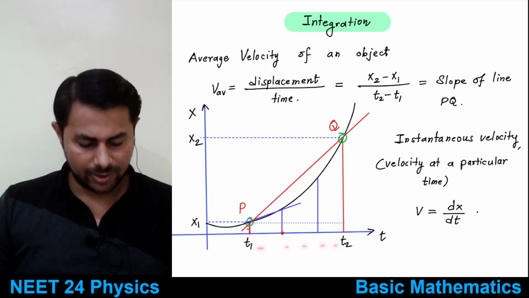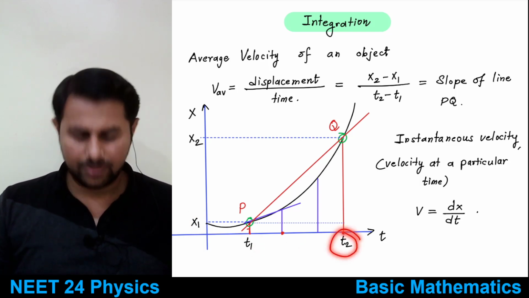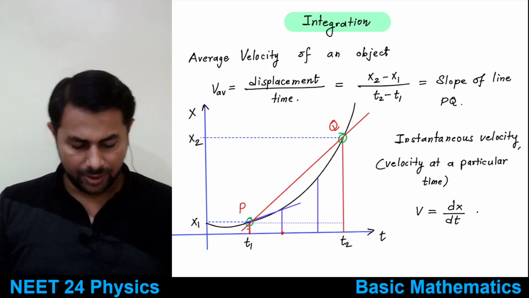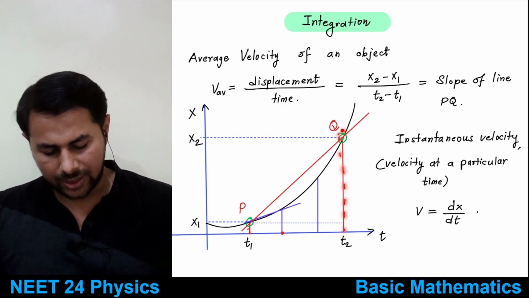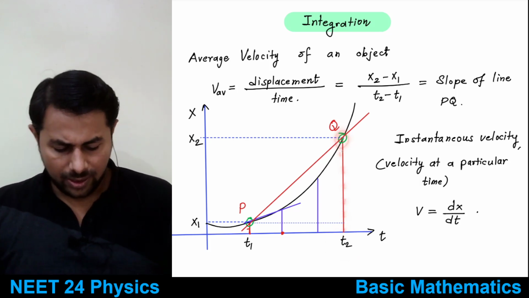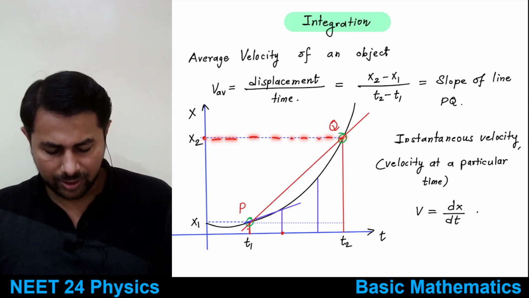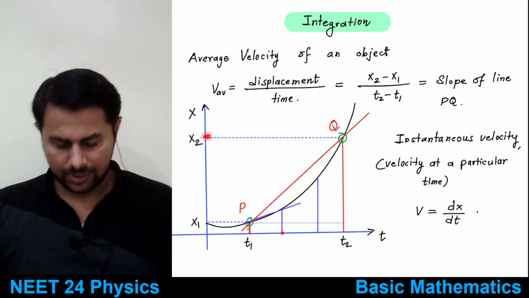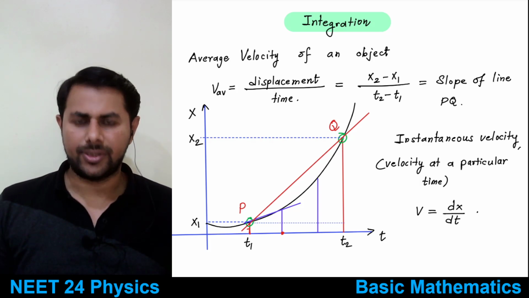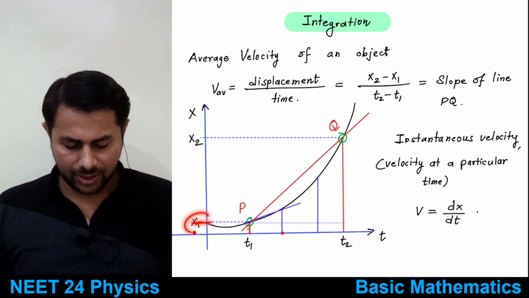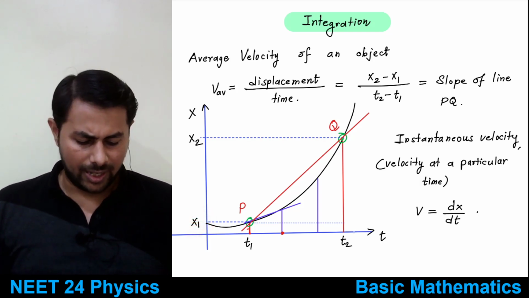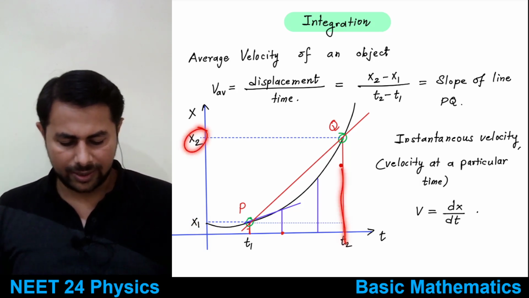At t2 I want to find my position, so I draw a perpendicular to the graph, it meets at this point, and from there I draw a perpendicular on the position axis and locate my position. So I was at position x1 at time t1, and at position x2 at time t2.